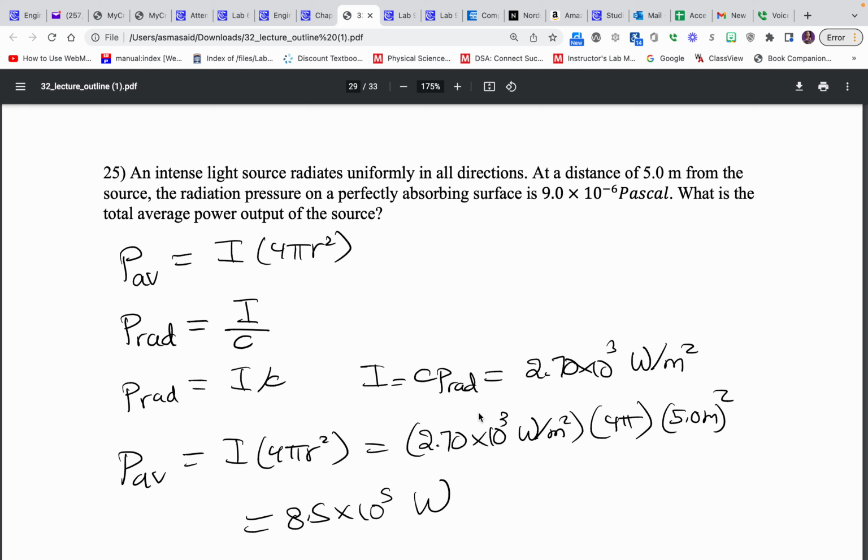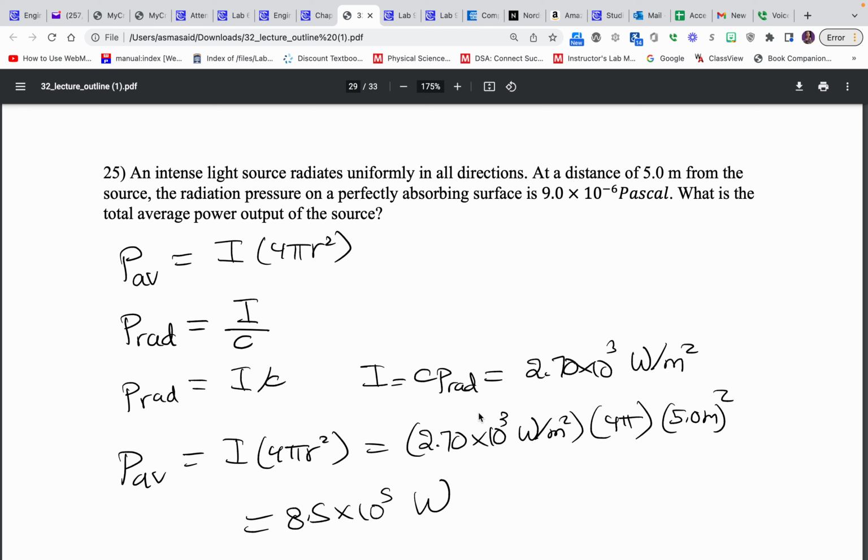Okay, we know that P average, the total average power output of the source, is the intensity times the surface area. The radiation pressure is I divided by c.